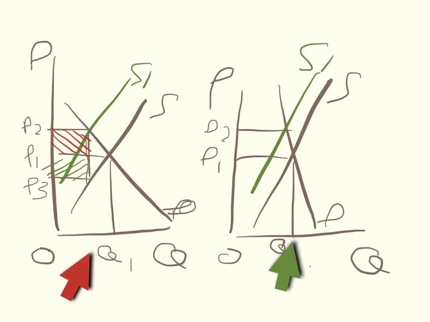Let's have a look at the green market. Again here, we have a good which is more price inelastic. Again we have the red shading, and we notice straight away that this red shading is actually larger than before. What we can see here is that the amount passed on to consumers is higher than the amount paid by producers.